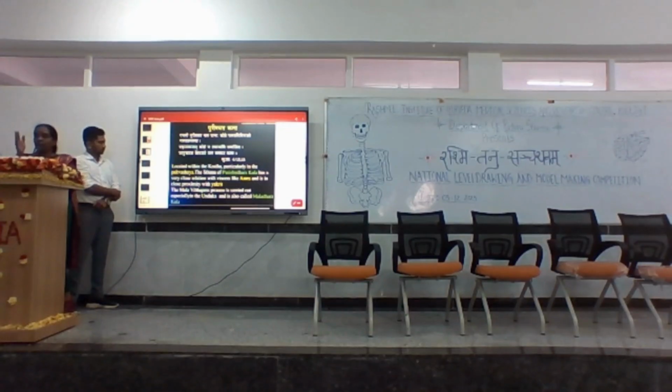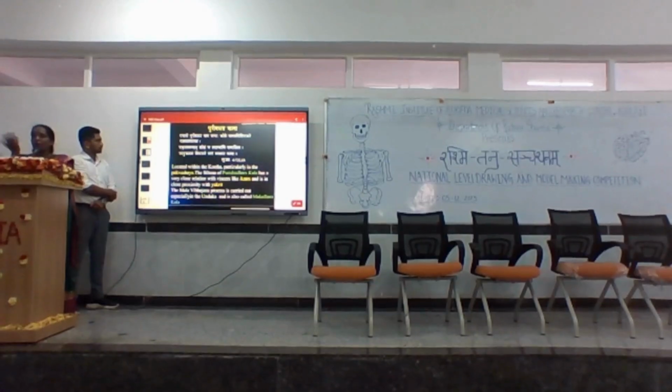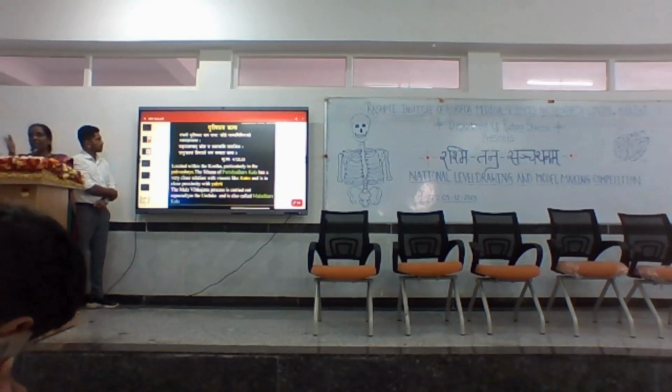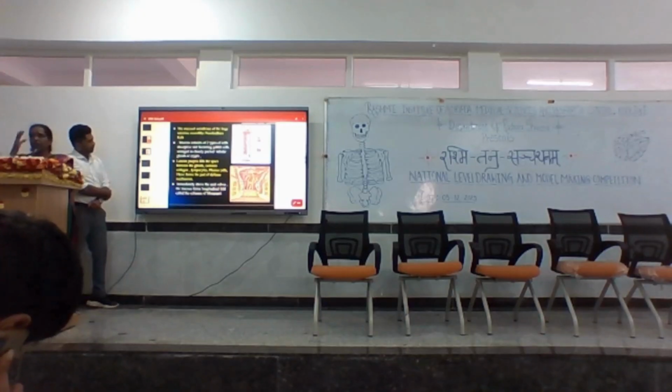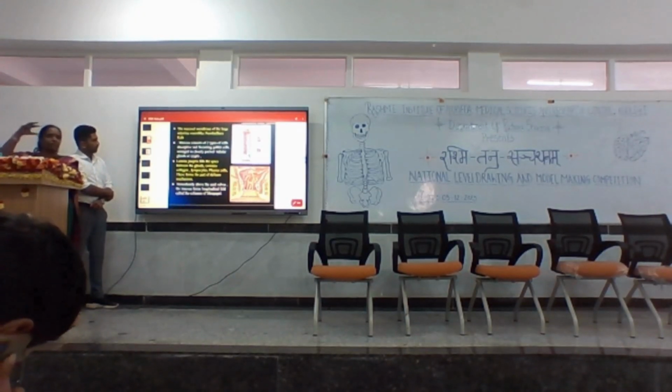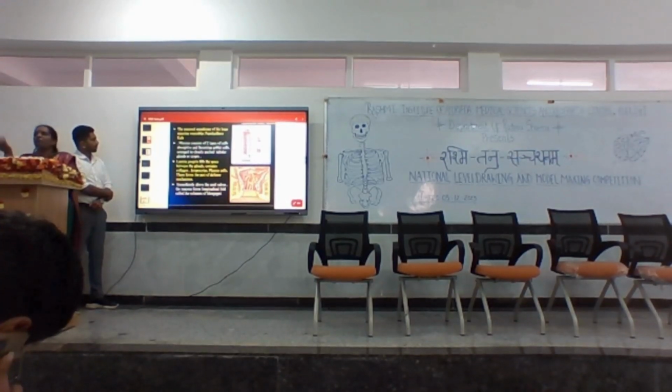That happens in the pakvashaya, in the part of the midgut loop. The part of the midgut loop starts from the distal part of the ileum, then the cecum, appendix, ascending colon, and three-fourths of the transverse colon. It is the region with more absorptive function, which absorbs and helps in solidification of mala.